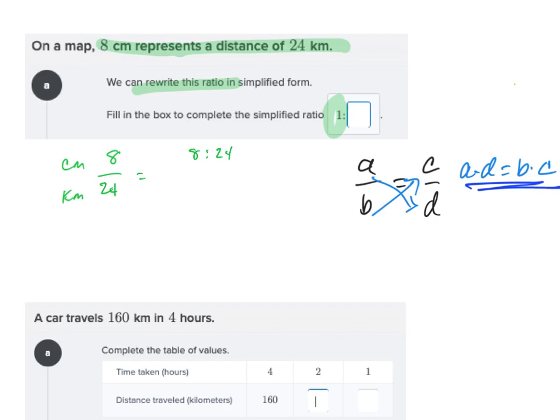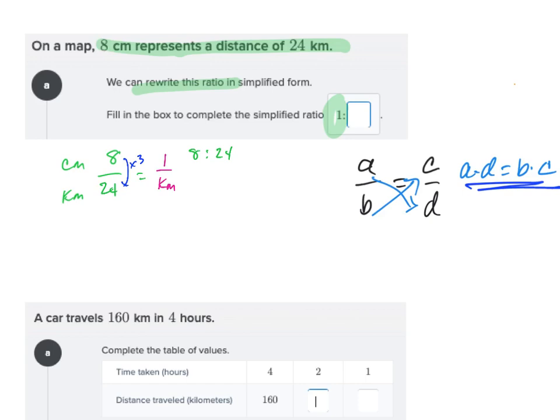And if we look, this is really our scale factor here: we multiply 8 times 3 to get 24. They want to know, well, what would you do if you were talking 1 centimeter? What would the kilometers be? Okay.